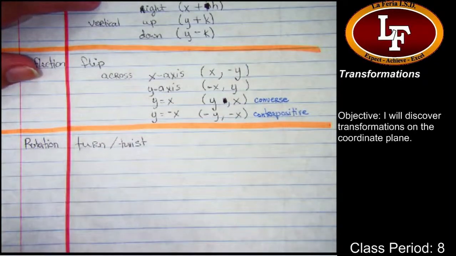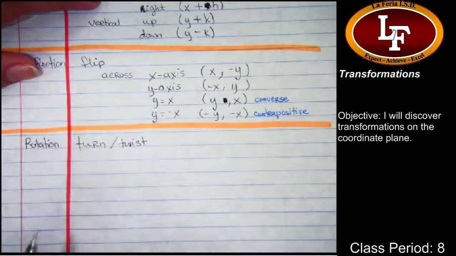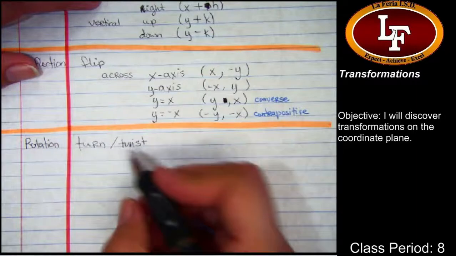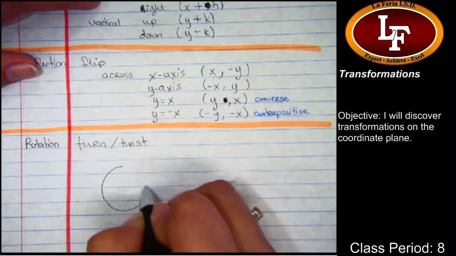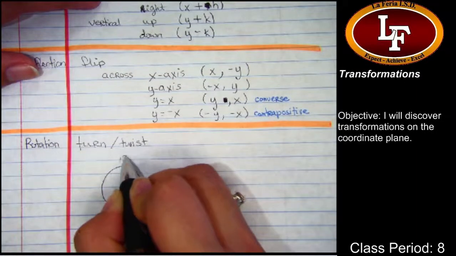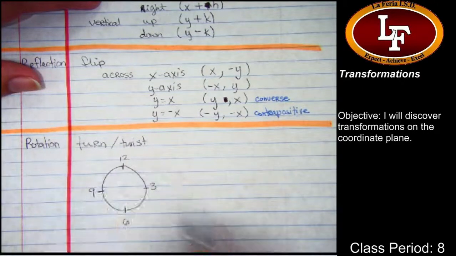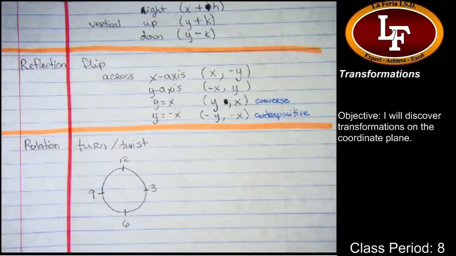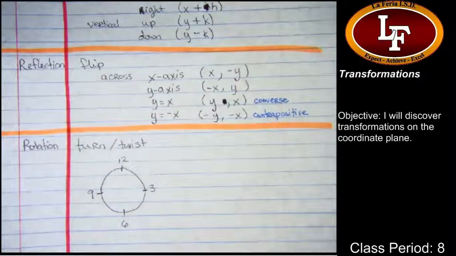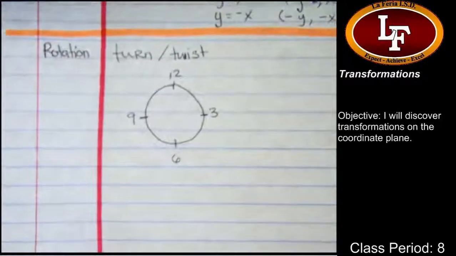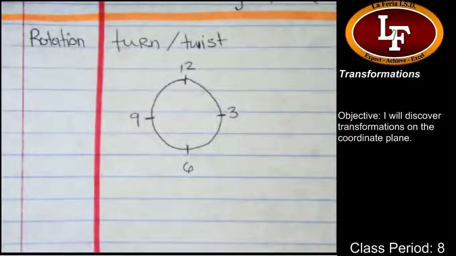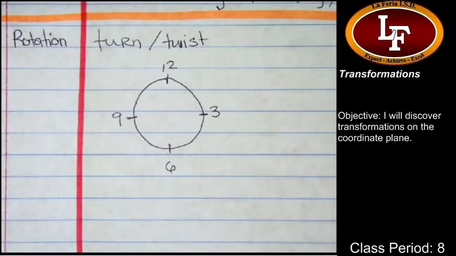In order to start talking about rotations, I need to remind you of one really important tiny little detail. It all comes from our good friend, the old-fashioned clock face.